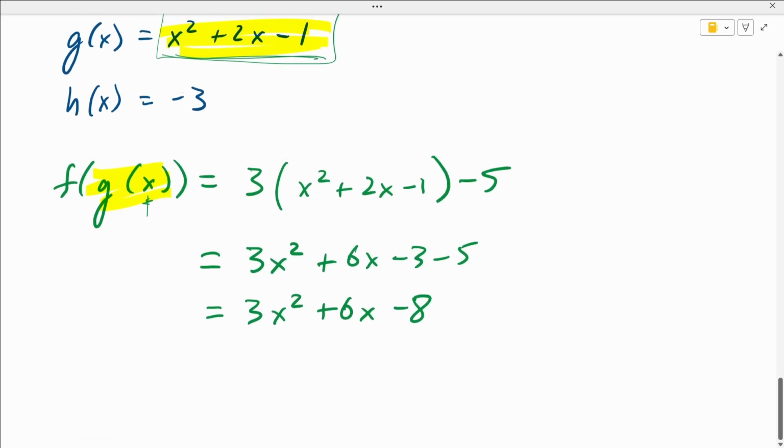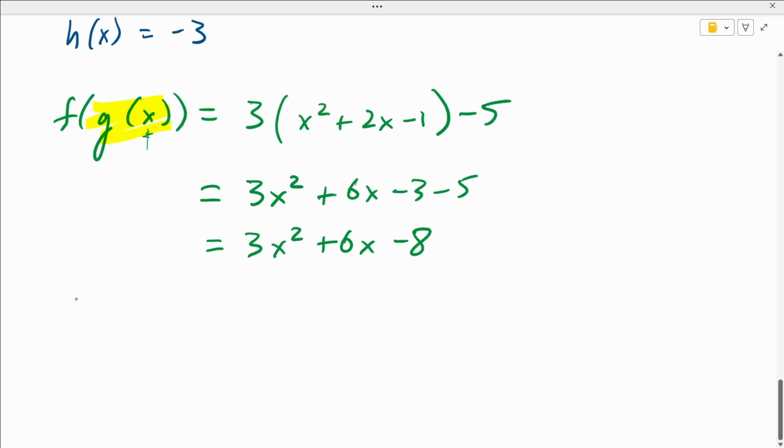Now, what if it said f of g of 2a? What's the difference? Well, the only difference here is that our input to g is not just x anymore. So we're going to have to actually take this input and input it to g. Remember, g of x, I'll put it over on the side here.